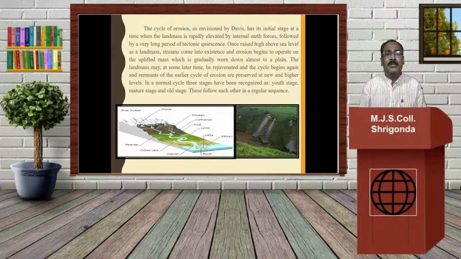The landmass may at some later time be rejuvenated and the cycle begin again, and remnants of the earlier cycle of erosion are preserved at new higher levels. In a normal cycle, three stages are recognized: youth stage, mature stage, and old stage. These follow each other in regular sequence.